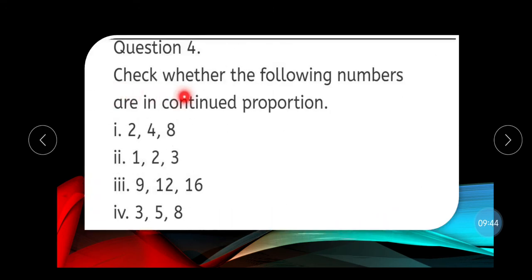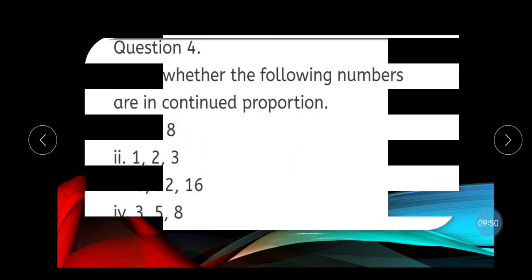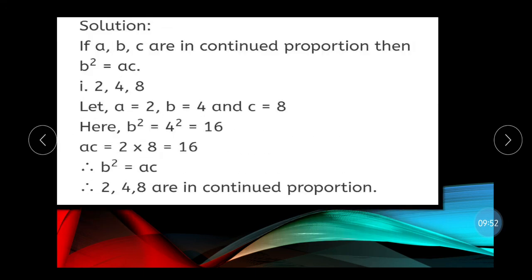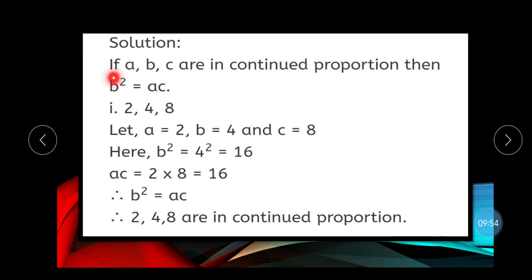Question 4. Check whether the following numbers are in continued proportion. There are 4 sub-questions in this. Solution. If A, B, C are in continued proportion, then B square is equal to AC. First one, 2, 4, 8. Let A is equal to 2, B is equal to 4 and C equal to 8.